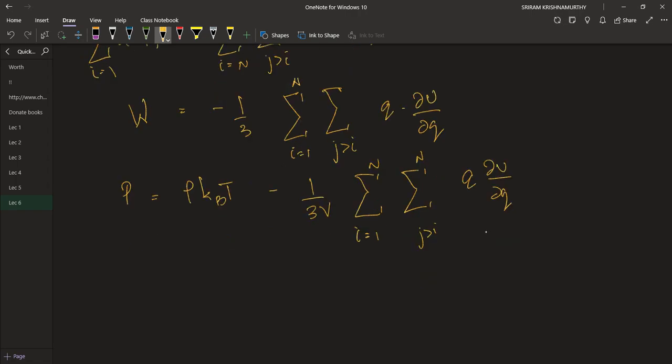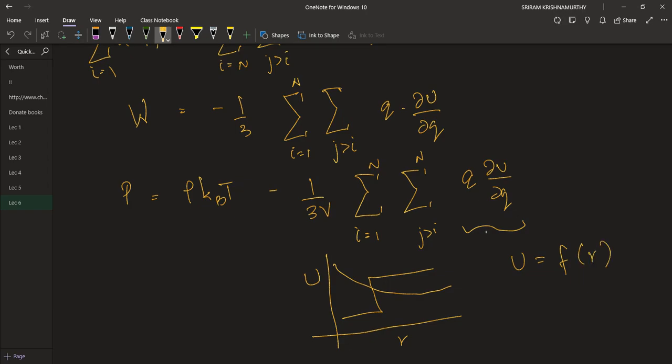So for any particular system, what we usually have is the potential energy as a function of the distance between the particles. So it could be like this, or it could be a step function, or it could be anything. So what I'm saying is we already have u as a function of r, and then from this u we can calculate this quantity, this dou u by dou r.